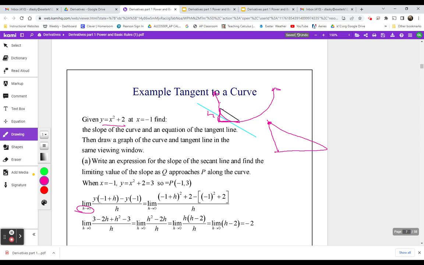This particular y value is the function of -1 plus the height. Okay, and then, no, I shouldn't have done it that way. It's not the height, guys. Sorry, it's not the height. Oh, my brain just went dead. Let me erase that. It's not the height. I think I got to slide backwards, but that's okay.